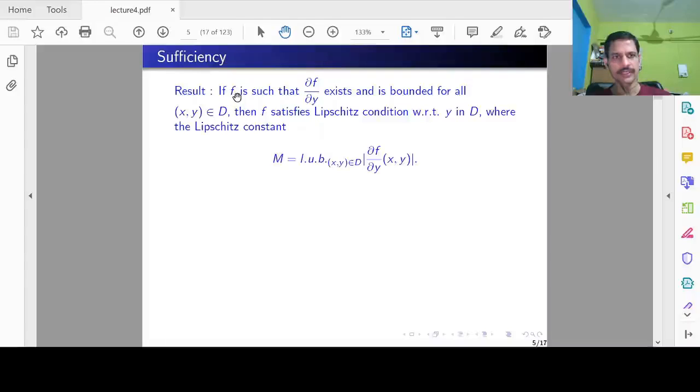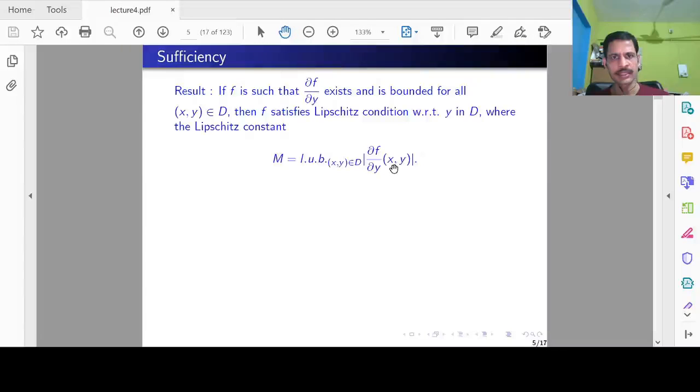If f is a function of two variables, defined on some domain D in the xy plane such that the partial derivative of f with respect to y exists and is bounded for all points in the domain, then f satisfies Lipschitz condition with respect to the second variable y in the domain D. And the Lipschitz constant m is equal to the LUB, where (x, y) varies over D, of the modulus of del f by del y of (x, y).